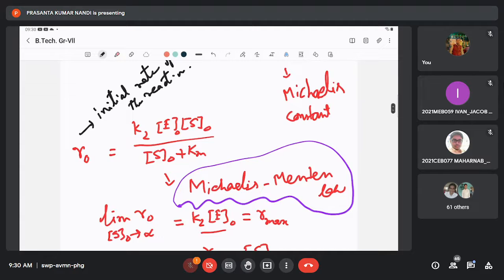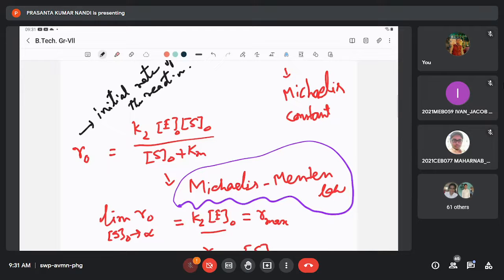Now, the physical significance of this equation: what is the limiting value of this initial rate if the substrate concentration is taken to a large extent, right? Then this expression becomes equal to what?